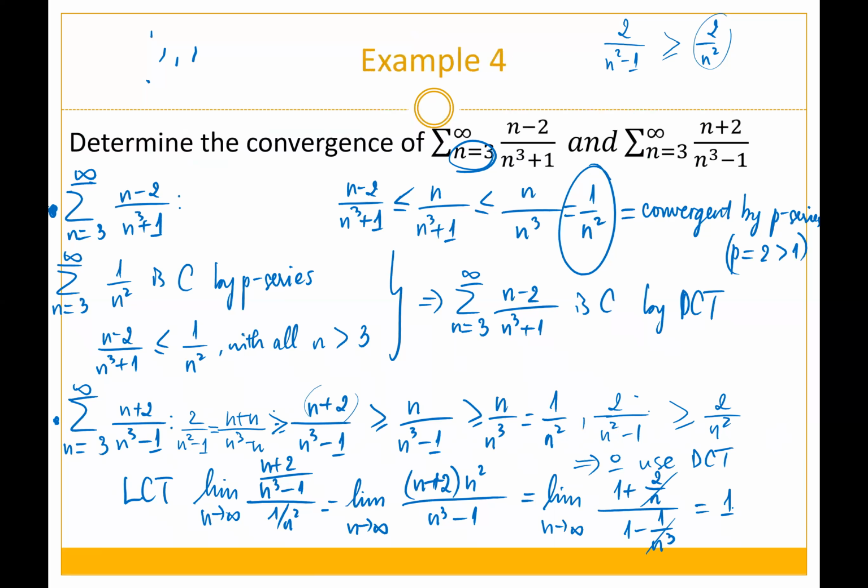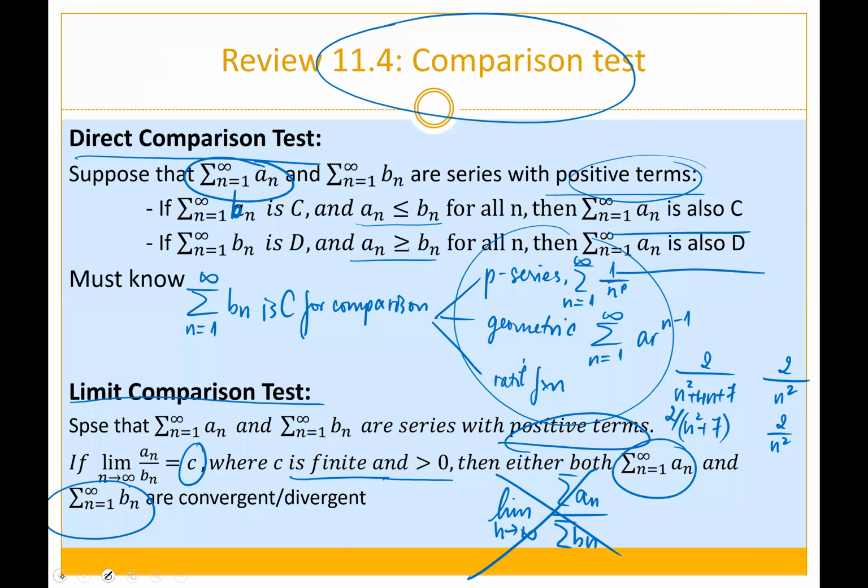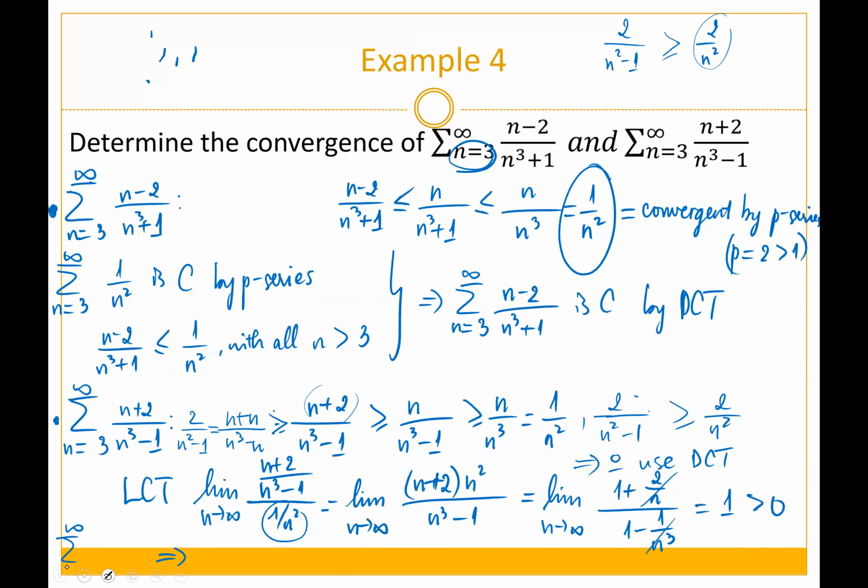And so by the limit comparison test, you need this to be a finite number and bigger than 0. Because the series that you use to compare with, 1 over n squared, is convergent by the p-series, this series is also convergent by the limit comparison test.